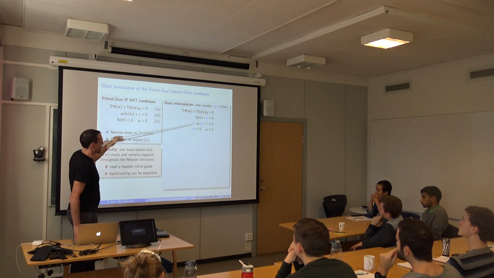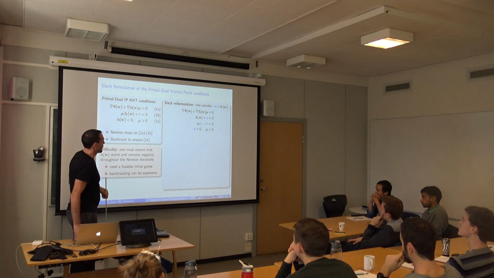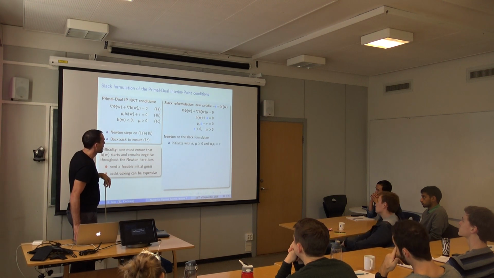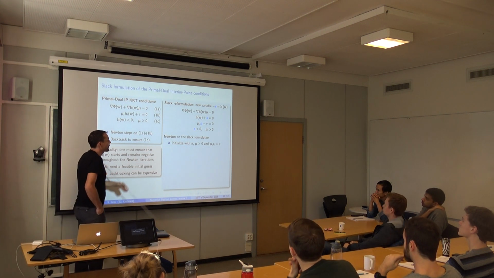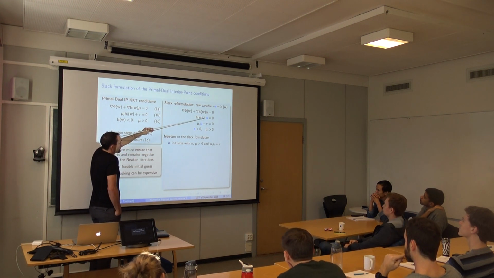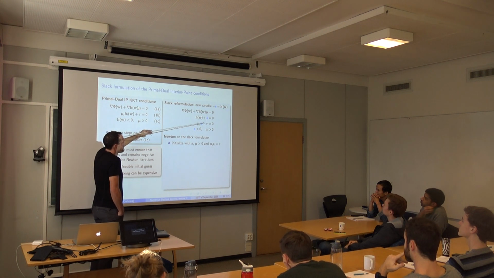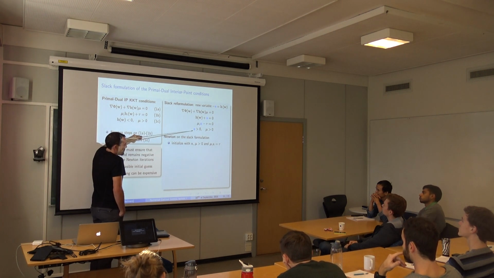You can just change the signs here. It does not make any difference. And now everything is solved because it's very easy now to pick an initial guess for s such that this holds. I mean, just pick it positive, that's all.